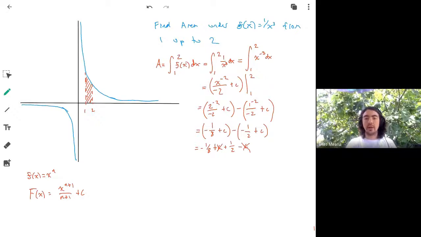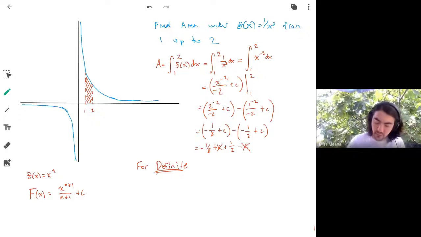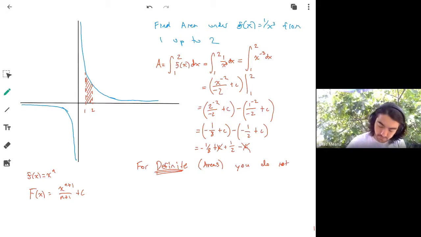So whenever you've got an integral with limits on it, like from 1 to 2, you do not need to include c. Let me write that down so it's very clear. For definite integrals, only for definite integrals, which means areas, you do not need to include plus c.